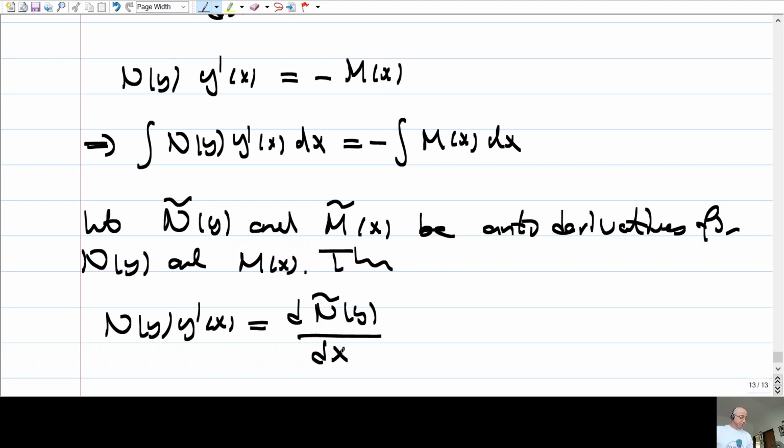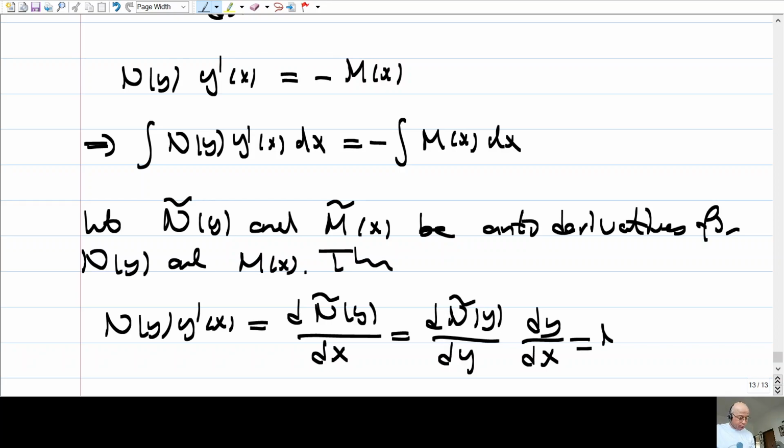Why is that? Because you see, how would you take the derivative of this with respect to x? Well, you would first take the derivative with respect to y and then dy/dx, but N tilde is an antiderivative for n, so this would be just n(y) and then y prime. So the derivative of this expression is equal to this.